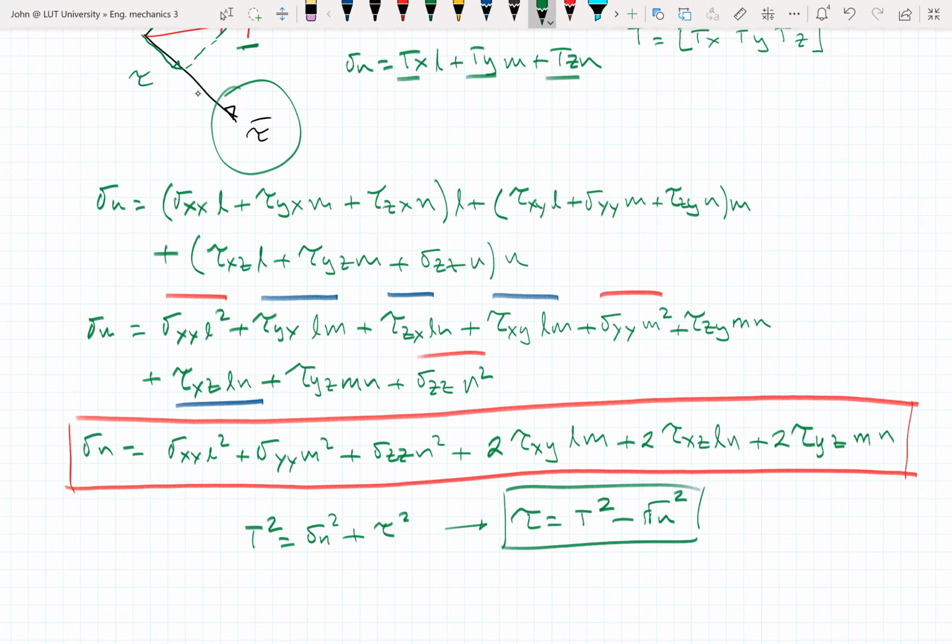In this way, you can find a Cartesian vector, represented in my x, y, z Cartesian coordinate system, represented on an inclined plane with the normal component to the plane and the tangential component to the plane.